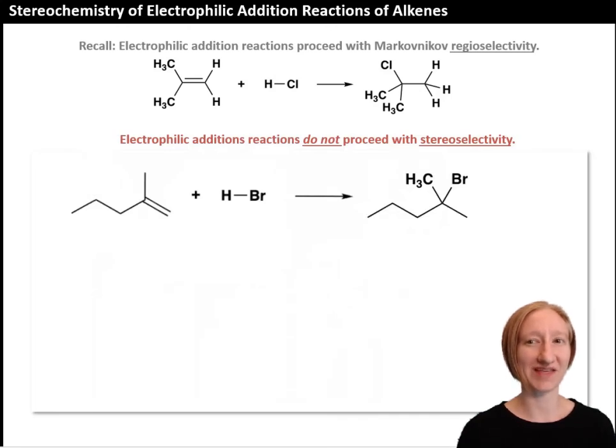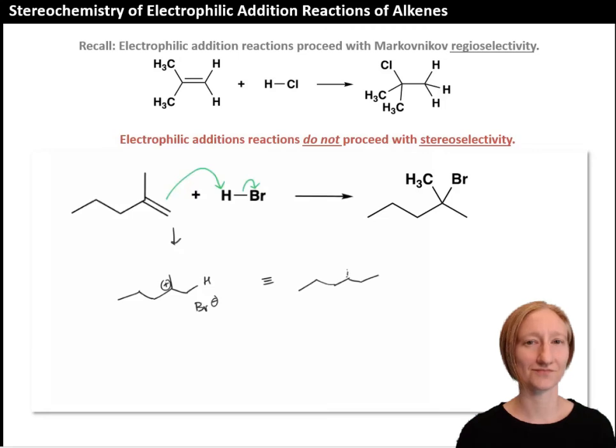The reaction begins with the alkene attacking the hydrogen of HBr to form the carbocation intermediate. Once again, that carbocation intermediate can be attacked from the top face or the bottom face.